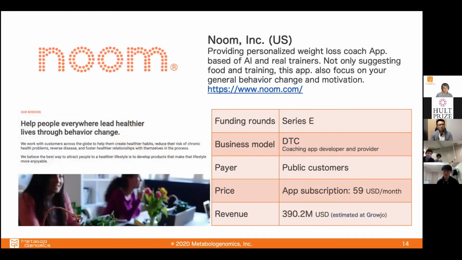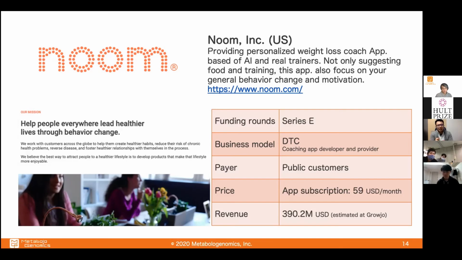And this is more like behavioral change personalized healthcare. The company called Noom is providing a personalized weight loss coach smartphone application based on artificial intelligence and real trainers. So basically what they are doing is suggesting food and training, but of course, as Taku has explained in his examples, just suggesting food and training, like don't eat and do more fitness, doesn't really make people motivated.